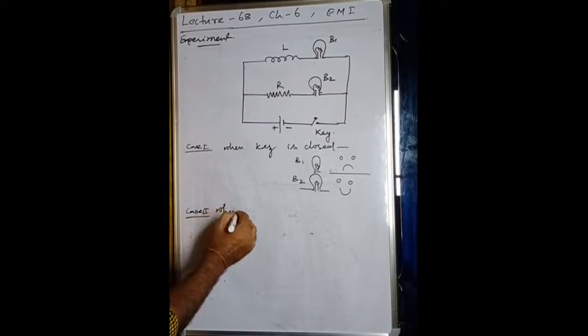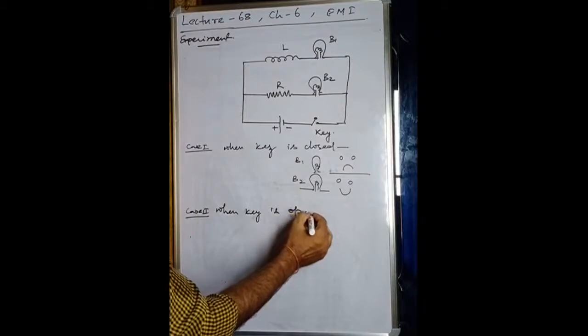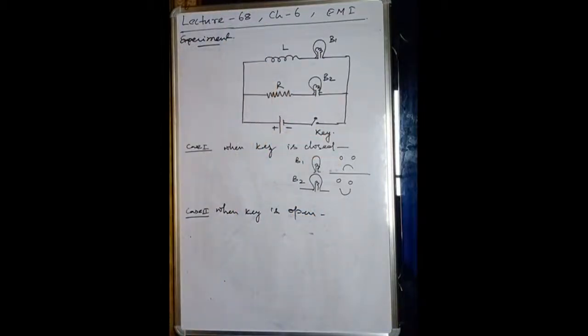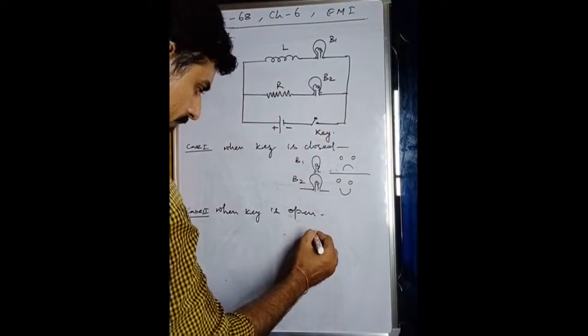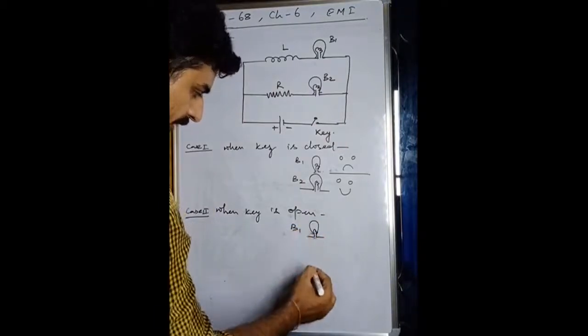When the key is opened after closing, could you guess what will happen, my dear students? Now we have the two bulbs, again B1 and B2.